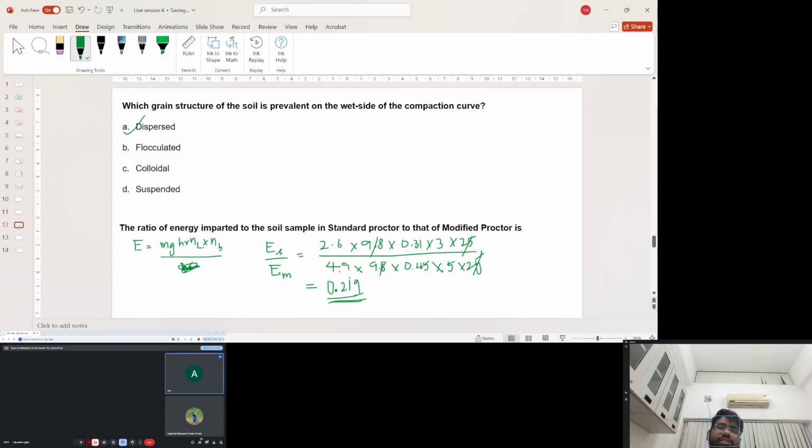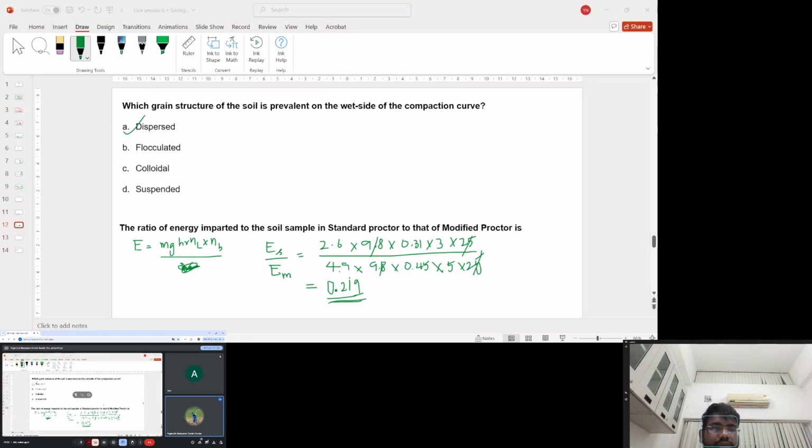So actually one more reason why we are not considering volume is that, do you have any idea why usually in compaction energy the mold is the same? The mold is the same, that is one thing. If we are converting this Proctor, so this mold, you are scaling up or scaling down the molds, then apart from the total energy, the governing parameter will be total energy per volume.